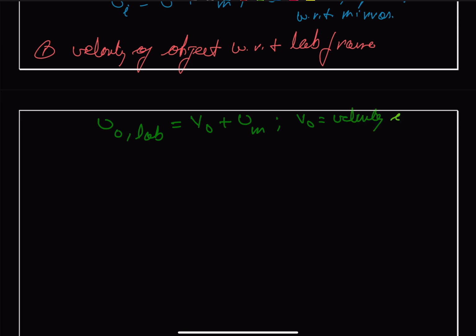Velocity of object with respect to mirror, this is given to us. Now we are going to use all these explanations of formulas and find out the required things.